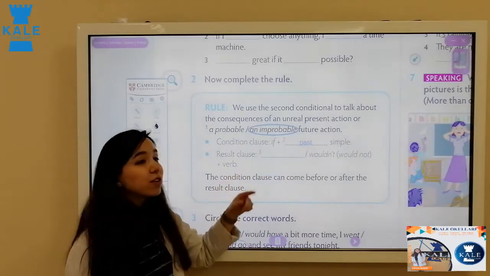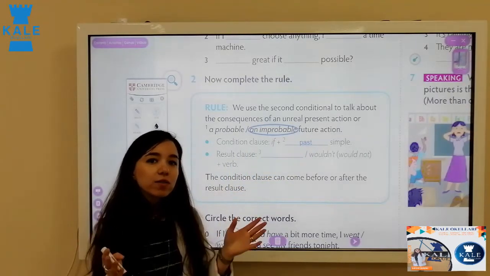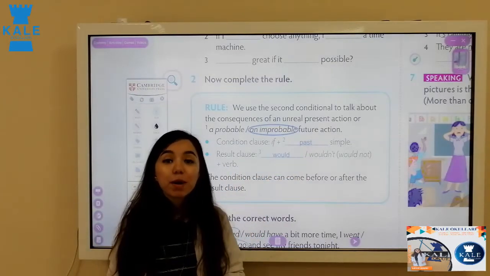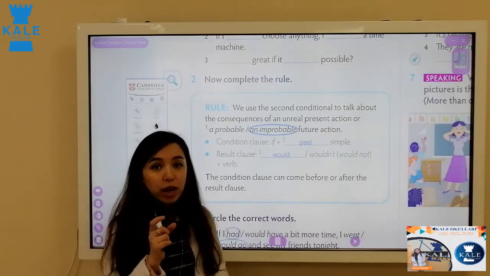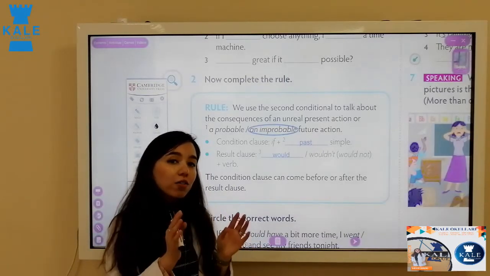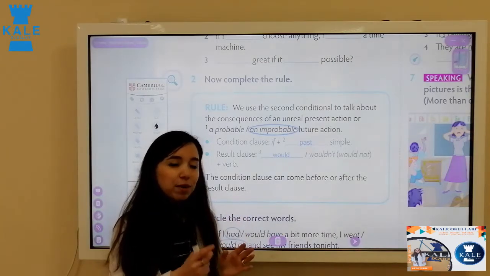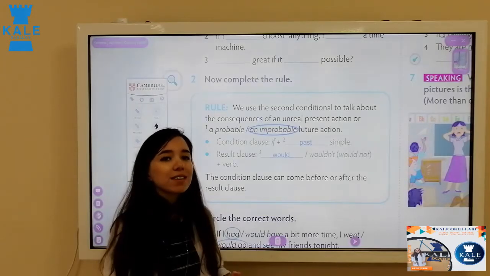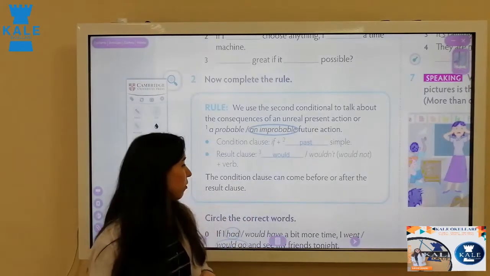And the result clause, the consequence clause, what are we going to write? Would or wouldn't plus the verb, the present simple verb, okay? Would visit, would run, would go. All of them are present simple verbs, meaning the base form of the verb. Not past, not, for example, present continuous, just the simple form of the verb.